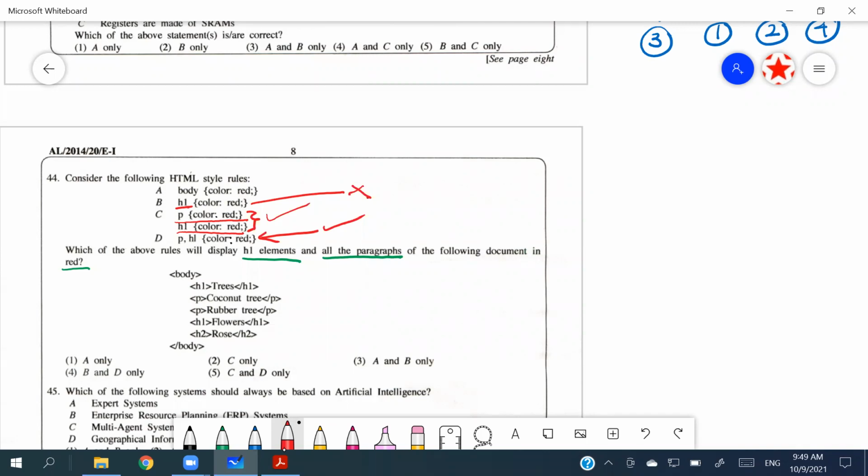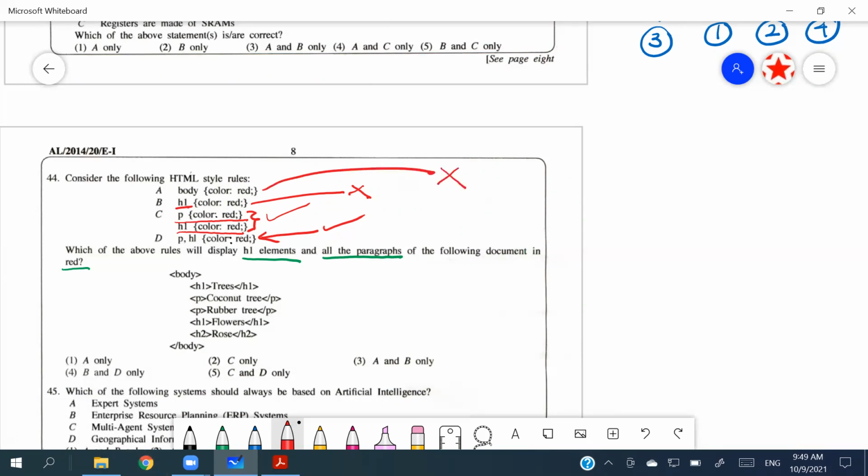So if we got body color colon red, now that is of course, if we talk about the body. Let me think about it. No, this is going to be wrong again.